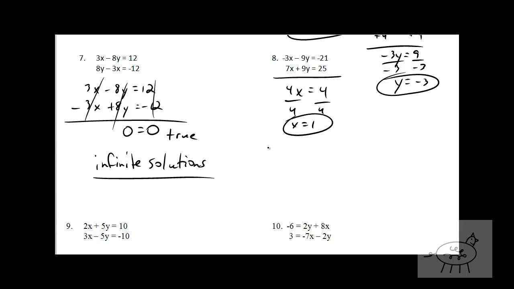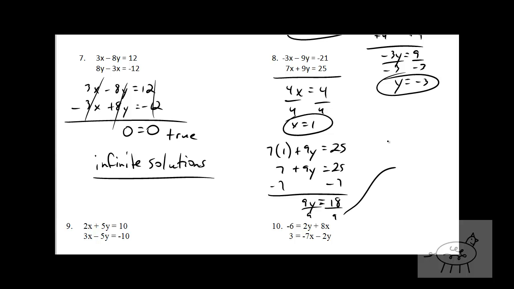So it's 7x, so 7 times 1 plus 9y equals 25. So 7 plus 9y equals 25. And then you basically just solve for y. So 9y equals 18. And then divide by 9. So y equals 2. So you get y equals 2, x equals 1.